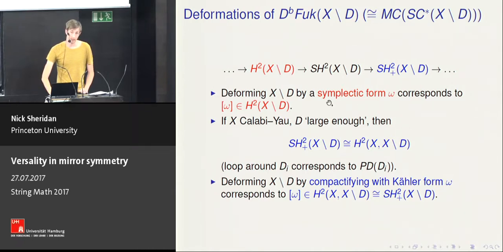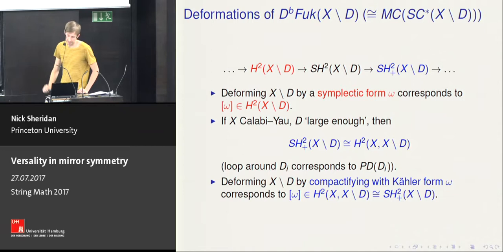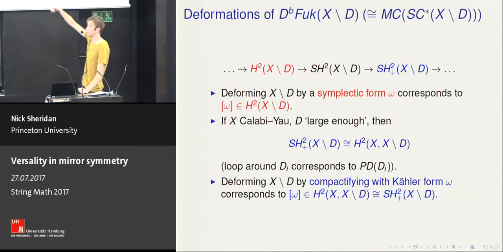If we deform by a symplectic form on X minus D, that corresponds to the cohomology class of the symplectic form in H^2 of X minus D. And under certain conditions, in the degree we're interested in, these orbits at infinity correspond to H^2 of X relative X minus D, where a loop going around divisor D_i, component i of the boundary divisor, corresponds to the class Poincaré dual to that divisor D_i.